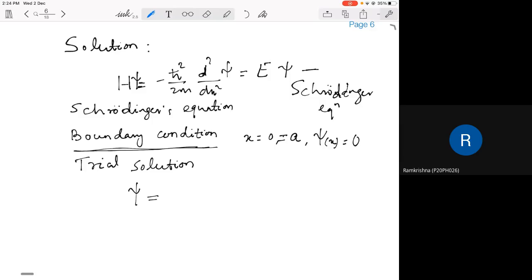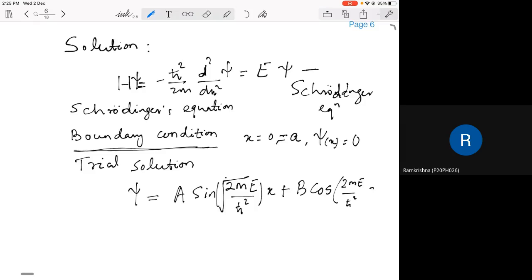I can write psi of x equals square root of that, a sine function plus b, the same cosine function of x.